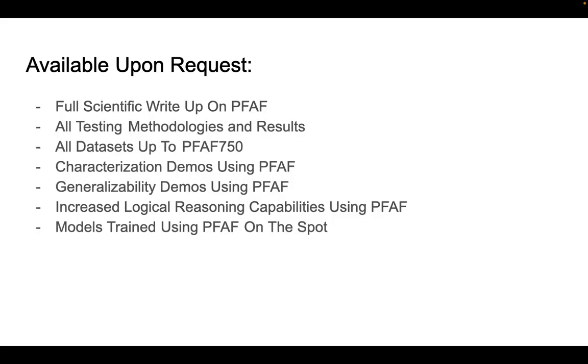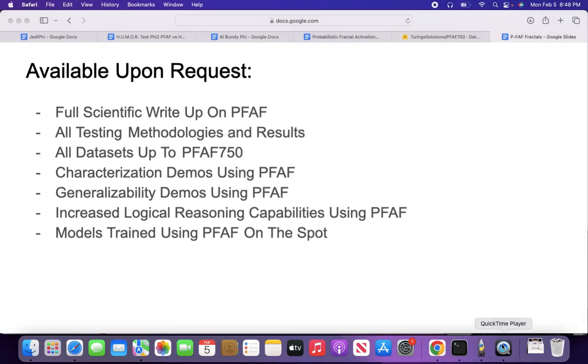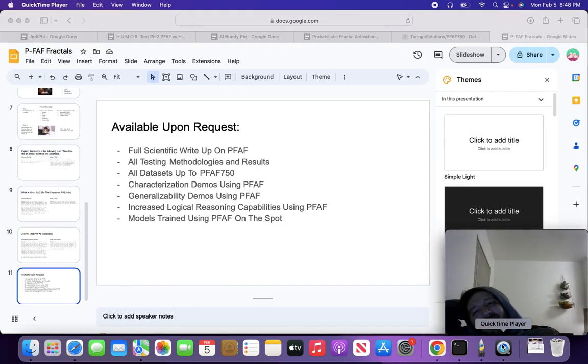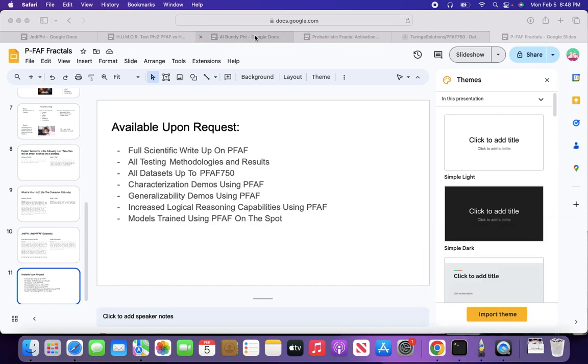And then, just ending here, available on request, I've got a lot more as far as write-ups and all of the data sets and everything else associated with the PFAF data set. You can see here, I document everything.